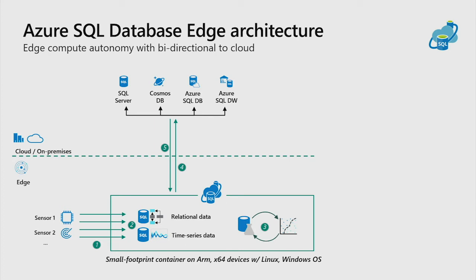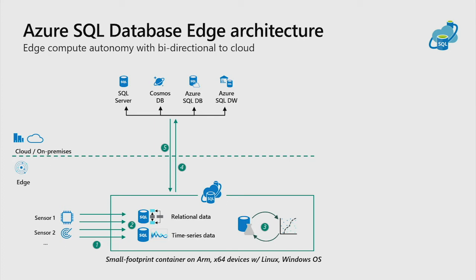So if you have an application that is talking to a SQL Server database, you could literally back up and restore into Azure SQL Database Edge. And that would give you the flexibility of running it on a smaller device. Obviously, there'd be less CPU, less memory, less storage, but you'd be able to run the same code irrespective of whether you're at the edge or the data center or the cloud. So you're providing a fully consistent edge-to-cloud experience.